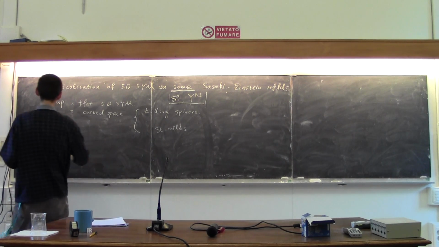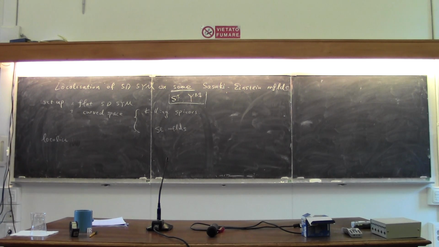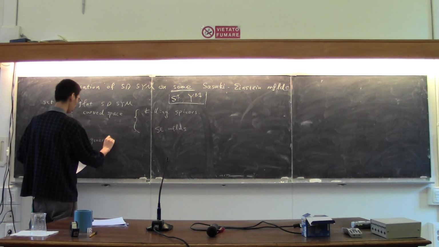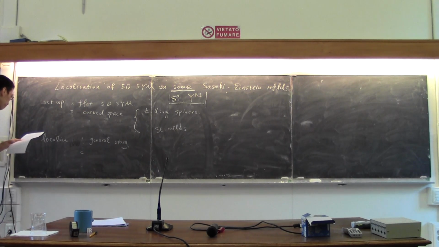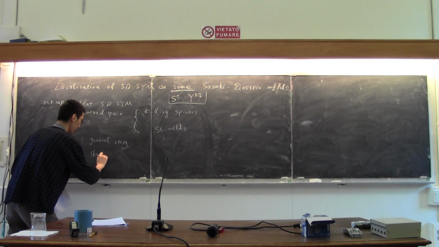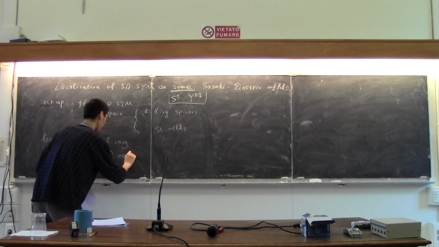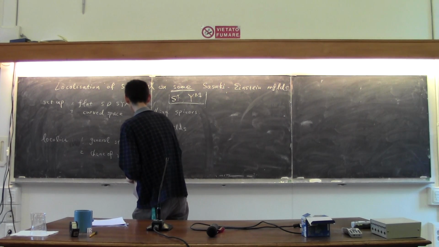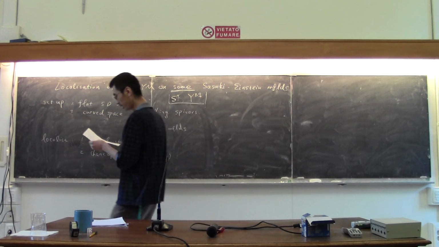And then the second part will be the actual localization. I'll give you the general story of how localization goes. Then there will be something that we need to do, which is, roughly speaking, a change of variable for our fields. It is also sometimes called twisting, but I prefer to call it just change of variable.